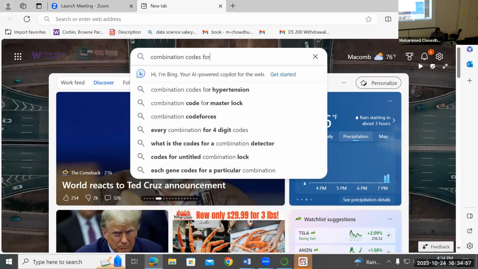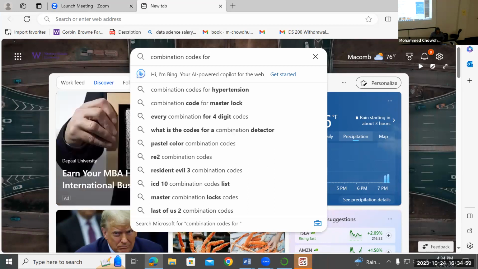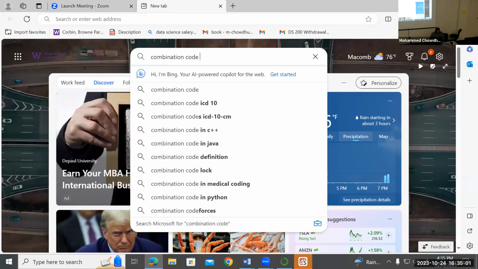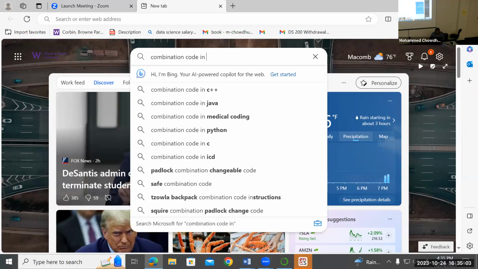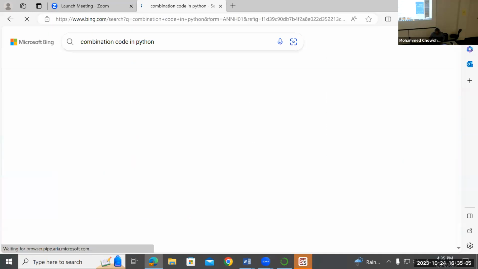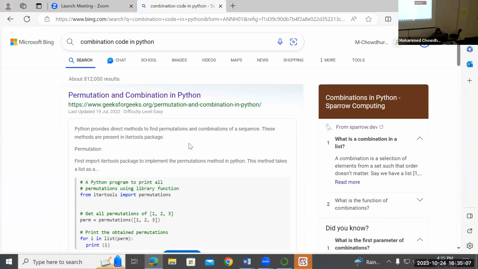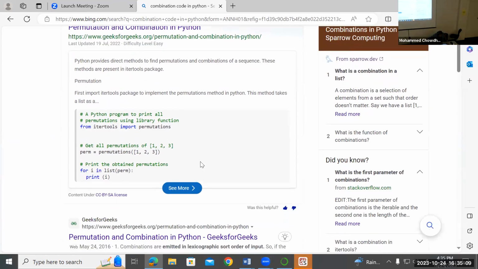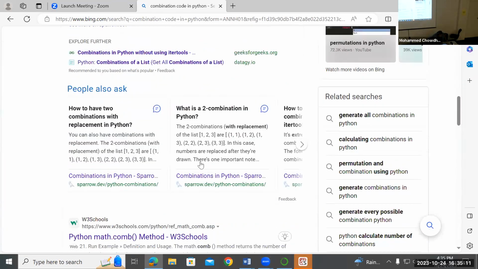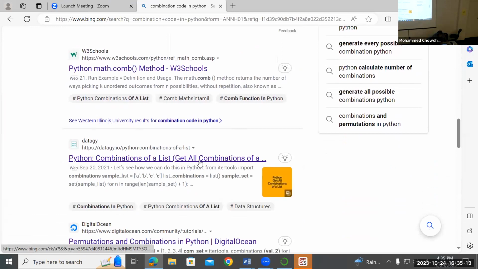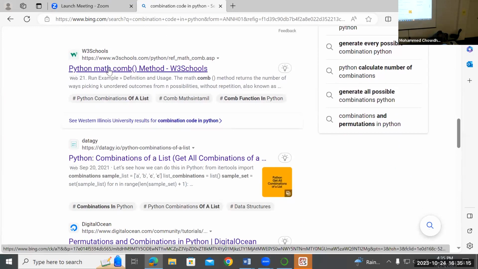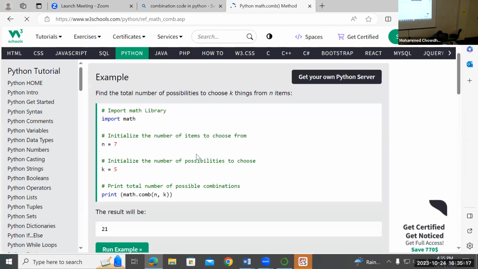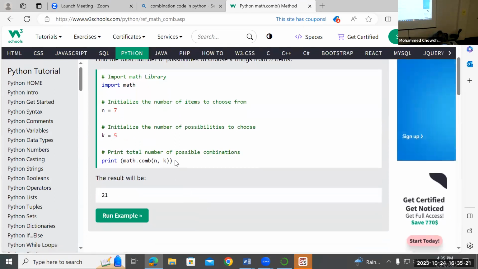Combination code in Python. Let me see what this is. This is permutation, I need a combination one. I think that one. So import math.